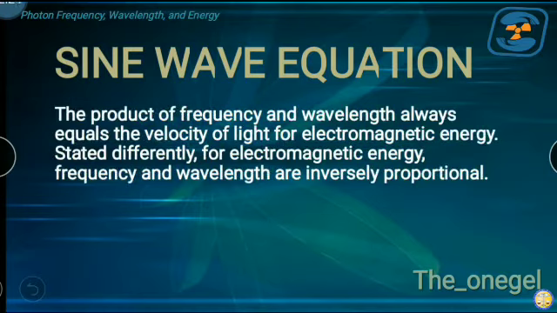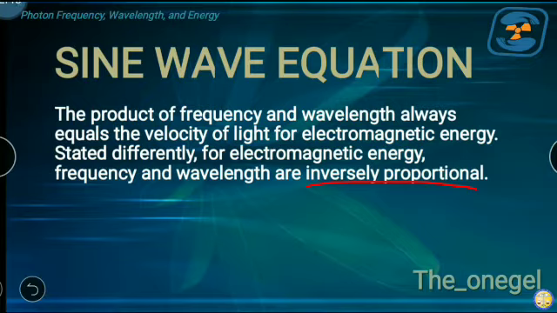So, the product of frequency and wavelength always equals the velocity of light for electromagnetic energy. Stated differently, for electromagnetic energy, frequency and wavelength are inversely proportional. Kaya to check mo yung answer mo if it is correct.